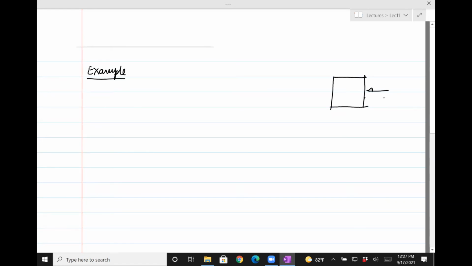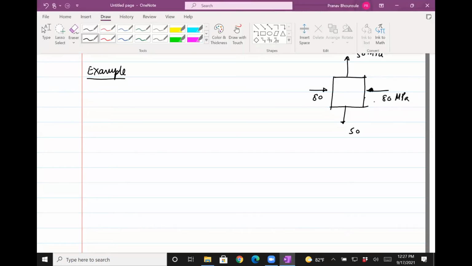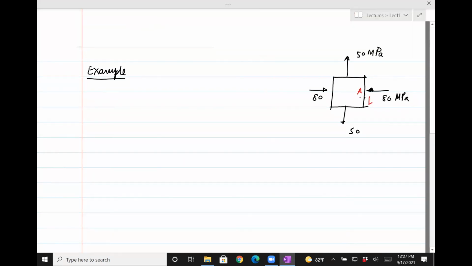So 80, tension, tension. And then show the shear stress such that face A, which is this, there is a negative shear, positive shear, and the shear is same as before, 25 MPa.